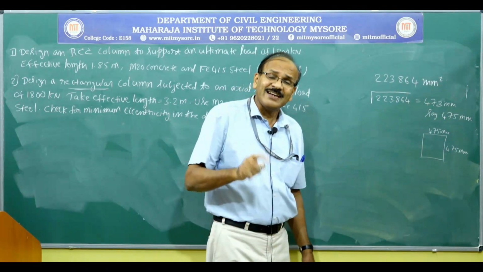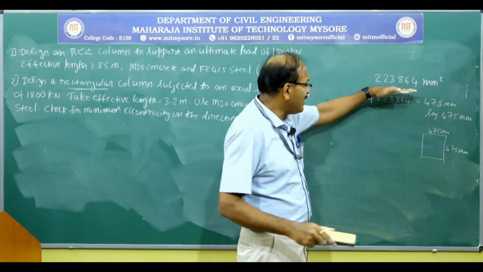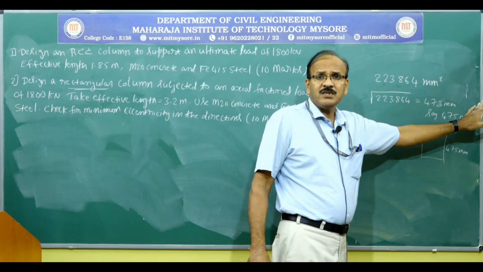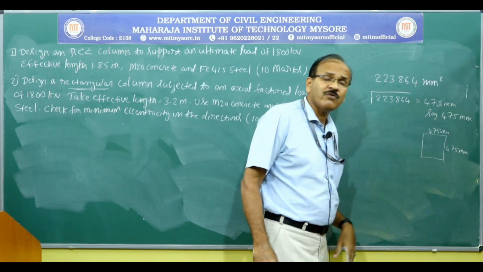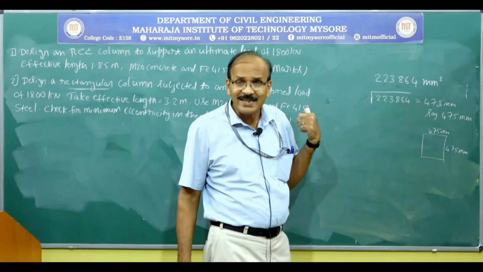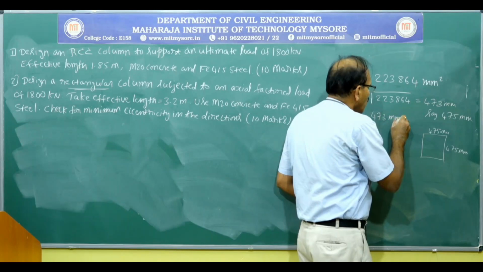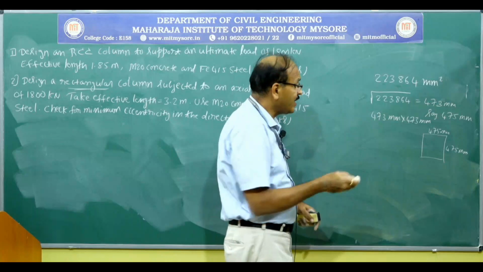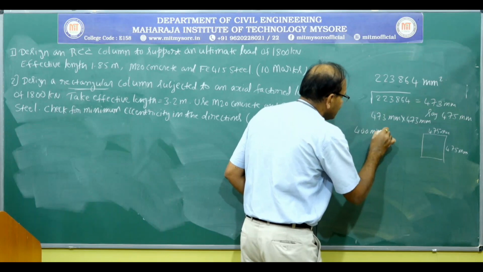If you are providing a rectangular column, don't change the calculation or the steps until you find out this. So go to the margin, find out what dimensions are required for a square column, 473 by 473. Because you are providing a rectangular column, reduce one of the dimensions, say one of the dimensions is 400 millimeter.